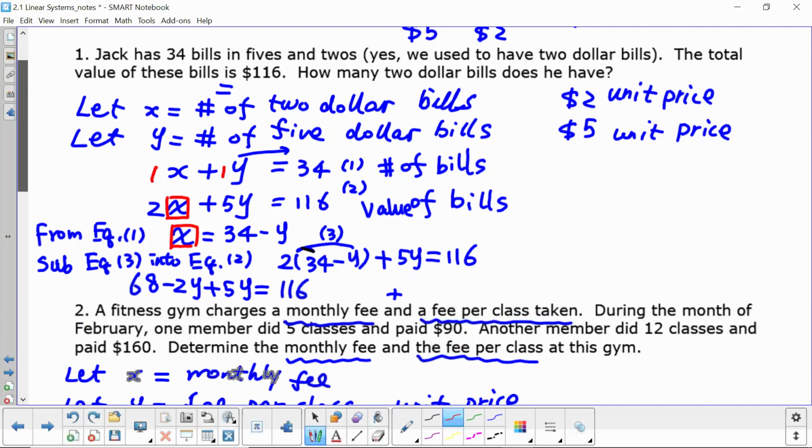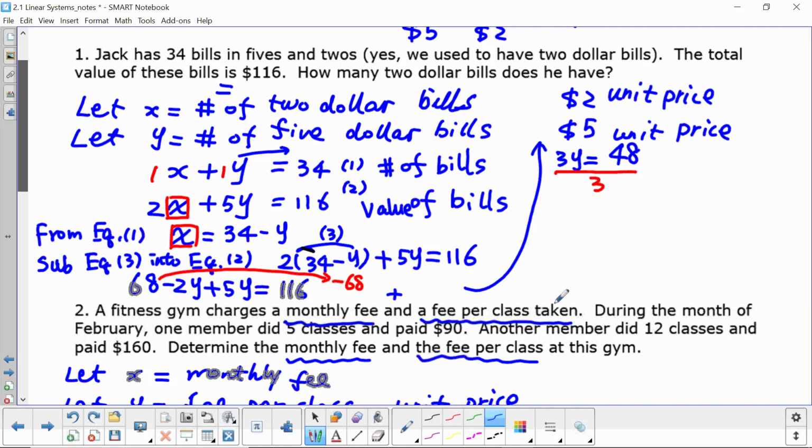Then we move the 68 to the other side by doing the opposite operation. You will have negative 2y plus 5y give you 3y. Then 116 minus 68 give you 48. We move the 3 to the other side.